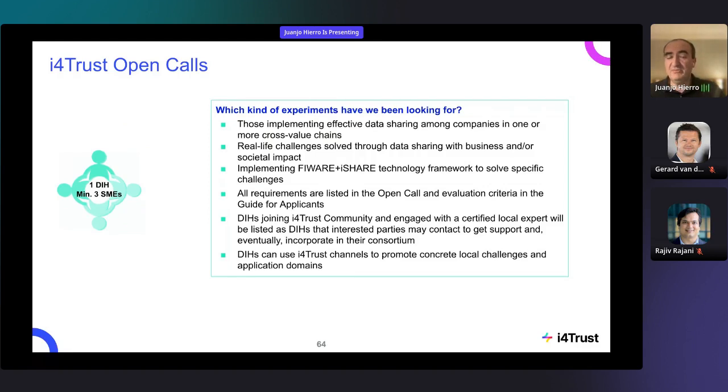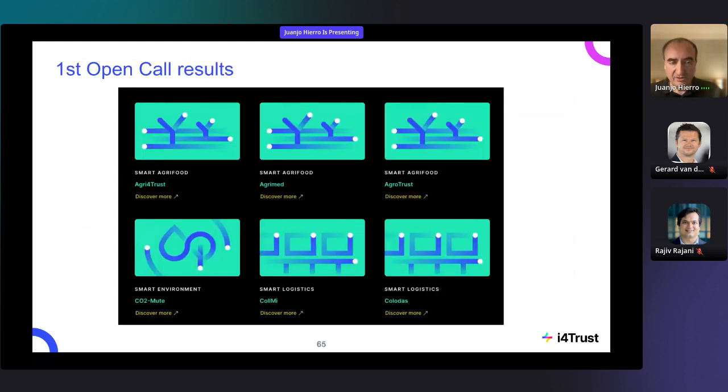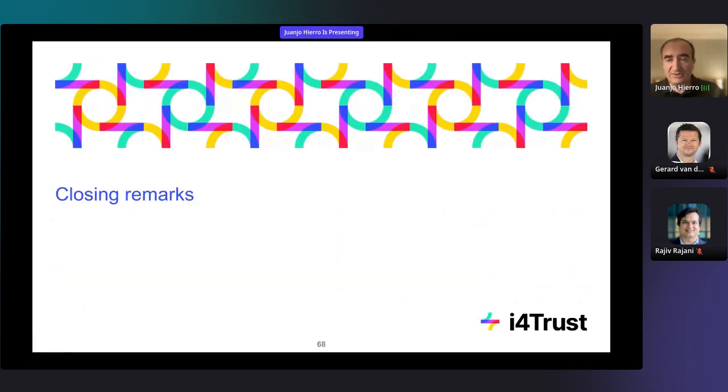The experiments we have been looking for are those that can really transform into real reference use cases that will stimulate additional, new organizations and new DIHs to get engaged in the community, creating new data spaces around the concrete challenges they may be willing to solve, or joining existing data spaces that may have been created using i4Trust. I will skip the description of the experiments.